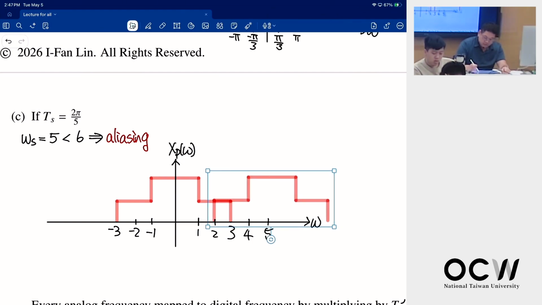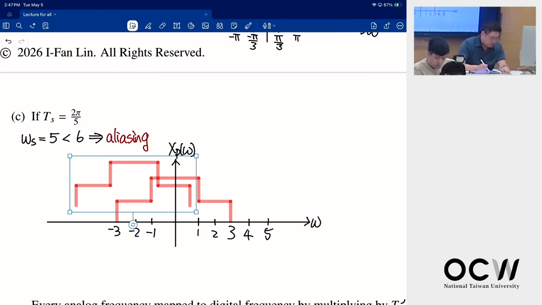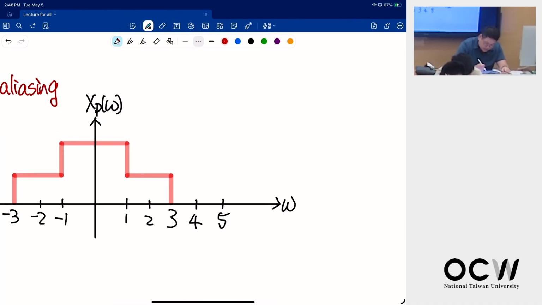Okay, 5 is the center. Minus 5 is the center. So we got overlap here.